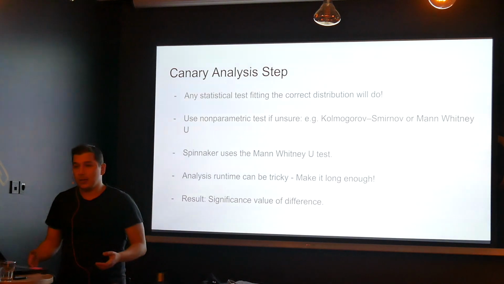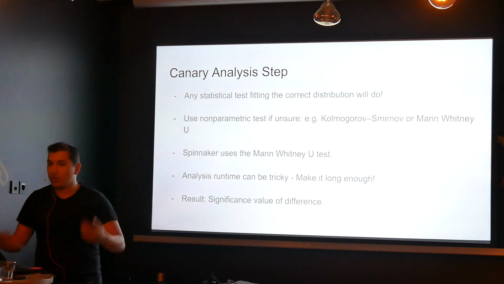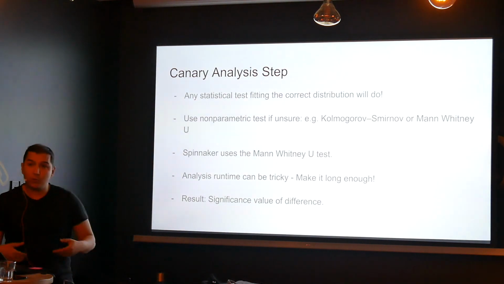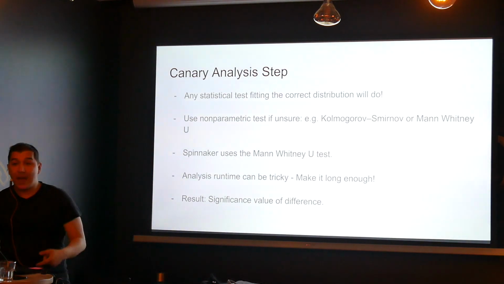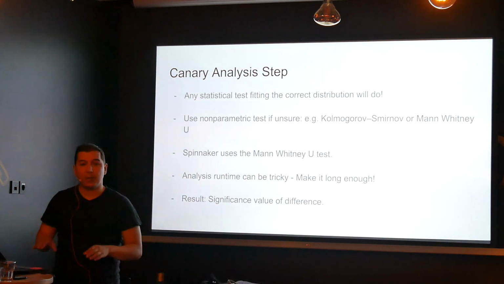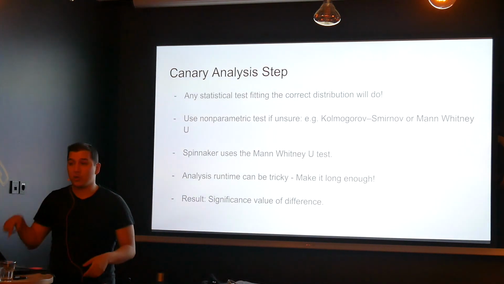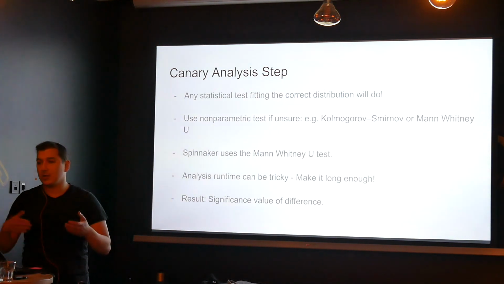Essentially what we're doing here is statistics, machine learning, whatever you want to call it. To do statistical testing, the best way is to know your distribution of the data. If you know how your data behaves, you can use a very specific test. If you know it's a Gaussian distribution, use a t-test.